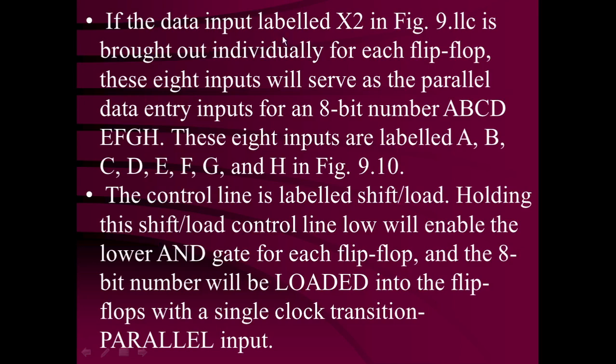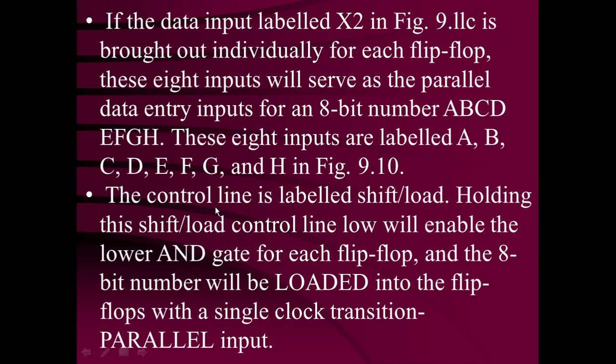If the data input labeled X2 in figure 9.11c is brought out individually for each flip-flop, these 8 inputs will serve as parallel data entry inputs for an 8-bit number ABCDEFGH. These 8 inputs are labeled A, B, C, D, E, F, G and H in figure 9.10.